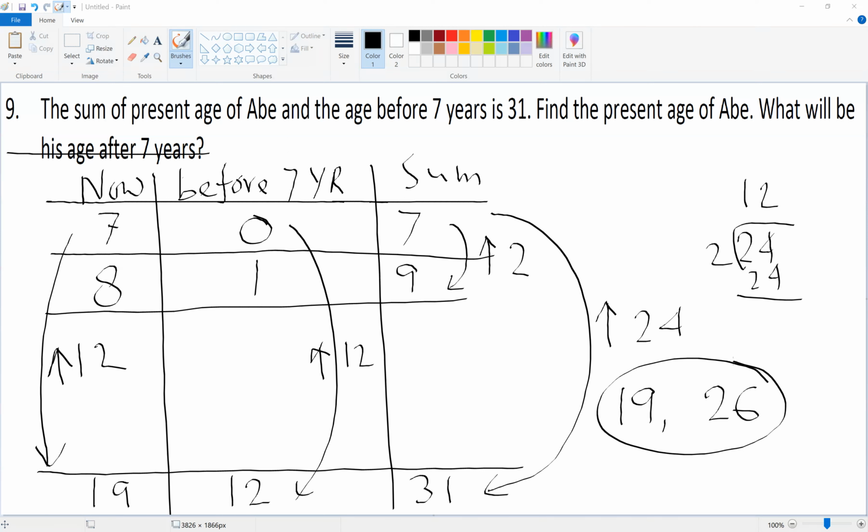Yes. Mr. B, I don't get how you got 26. Well, what does it say? What is his age in 7 years? What is his age now? 19. So what would be the age after 7 years? Oh, okay. I get it now.